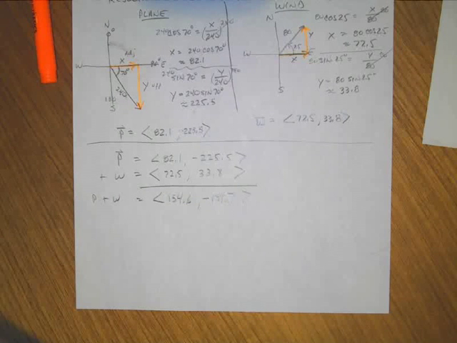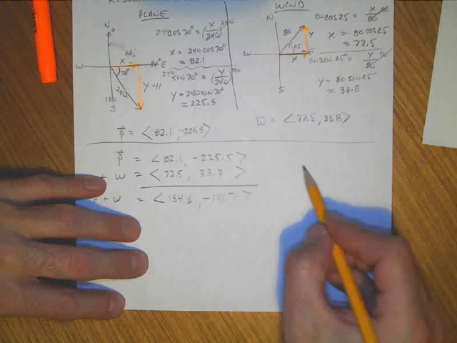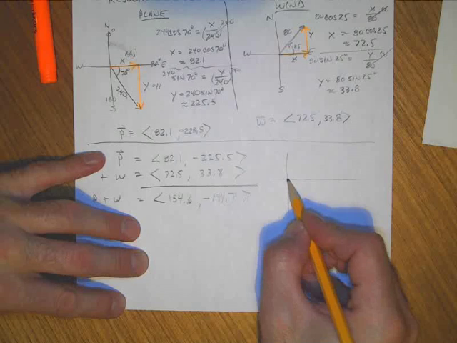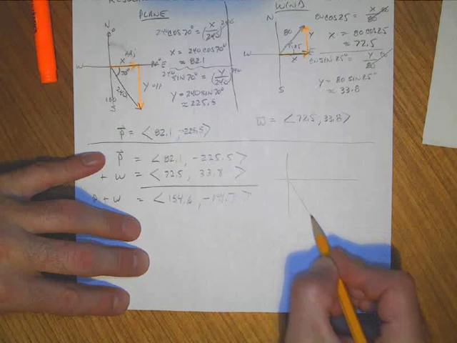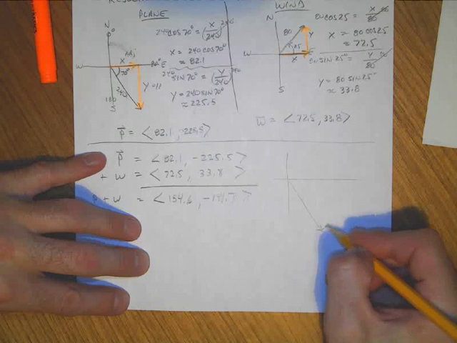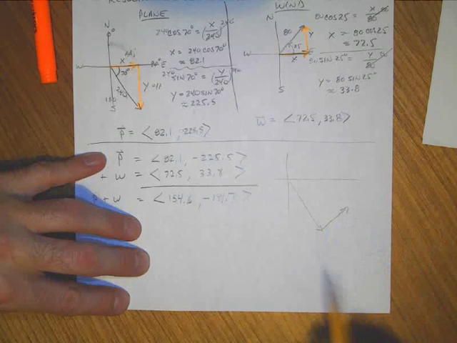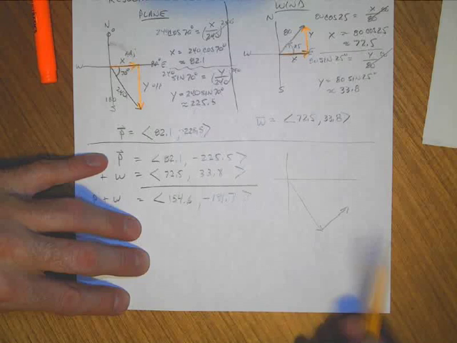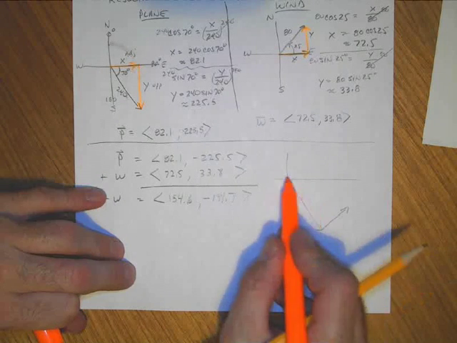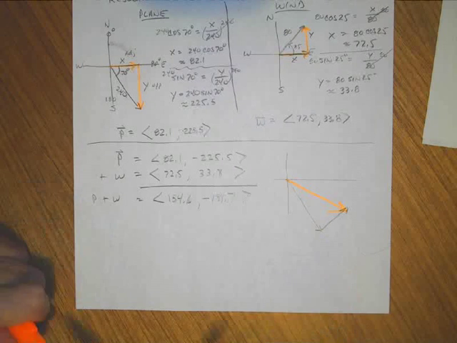Okay, so let's just draw a graph in a sense of what's going on. So we have the airplane that's going downwards in this direction, and then the wind is blowing it back that direction. So that's the tip to tail adding. And so the resultant vector is going to be here somewhere.